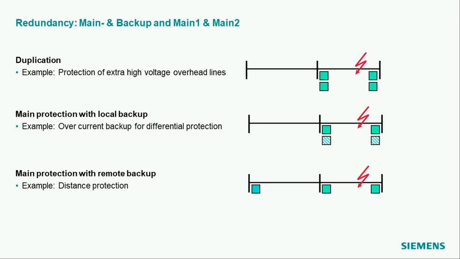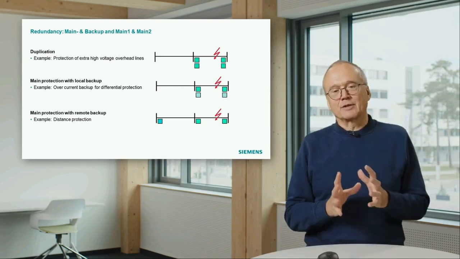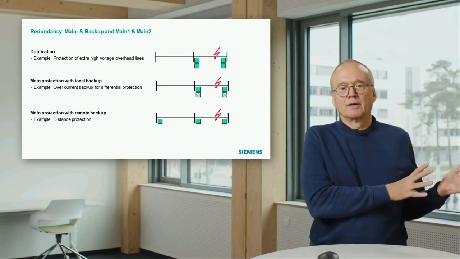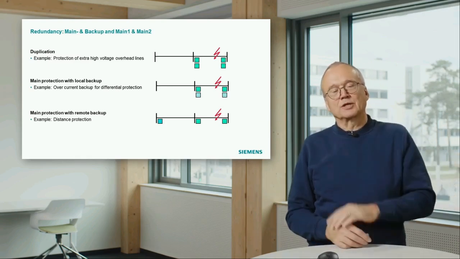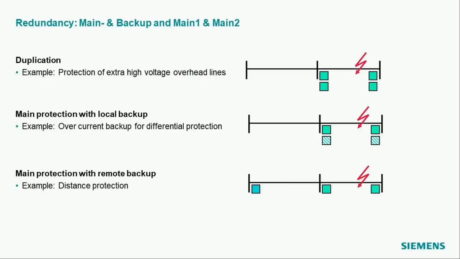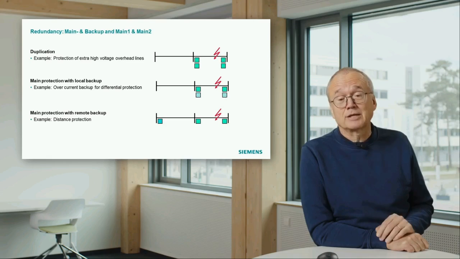You can parameterize, or you can design the protection concept of the previous line or of the next line in a way that it also looks into your line. That means in case the center protection relay fails and you have a fault on that line, then the left side relay will also see that fault, and will say, yes, I see a fault, but it's not on my line. I will not, first of all, react fast on it.